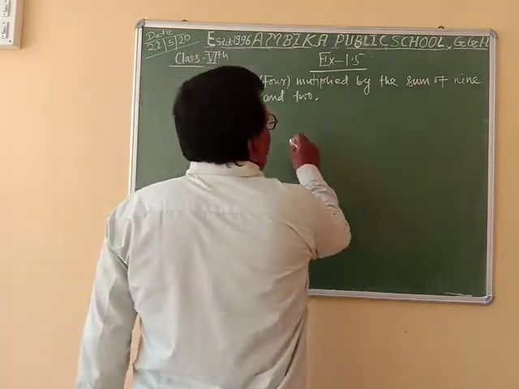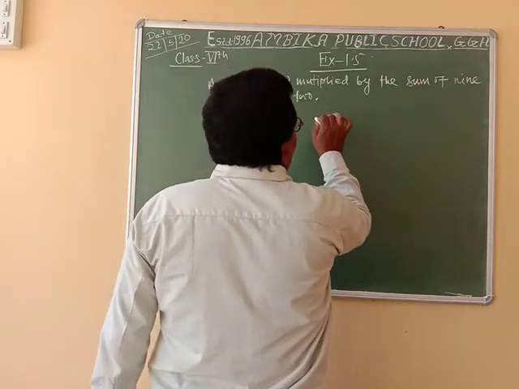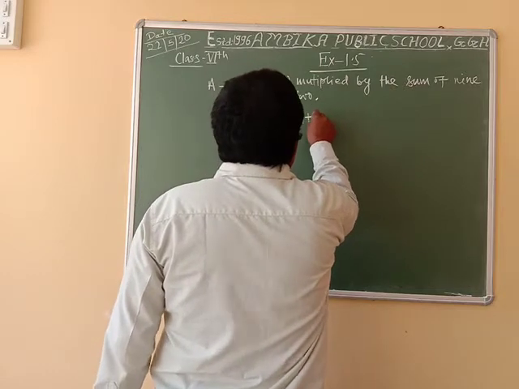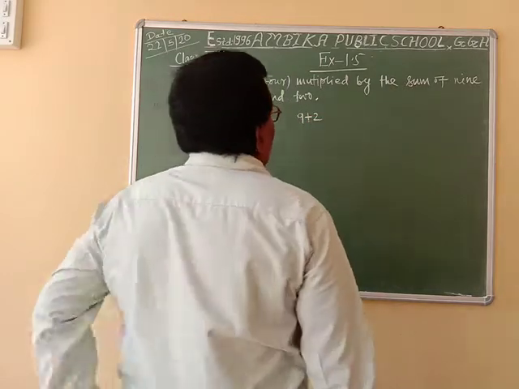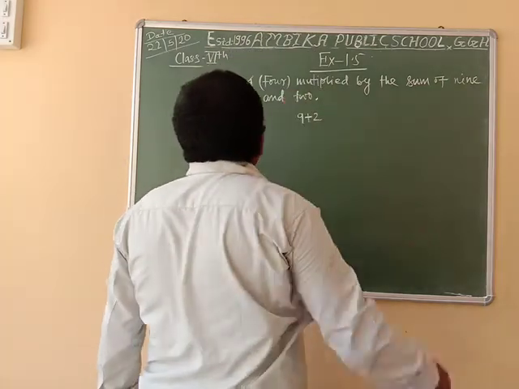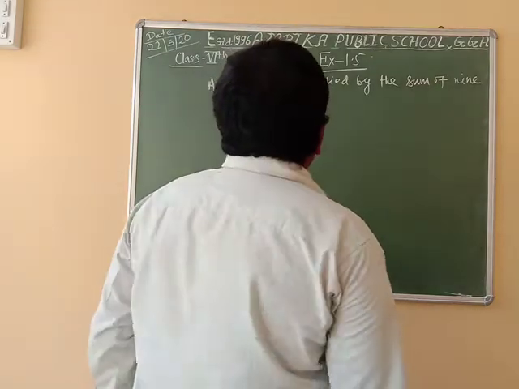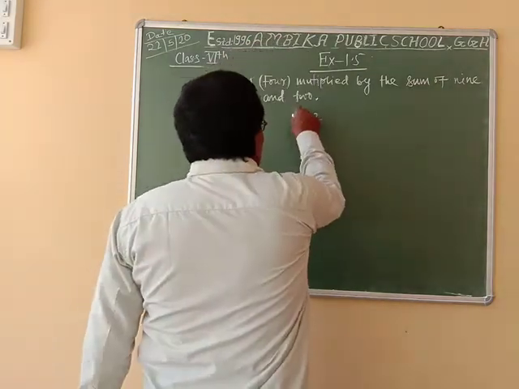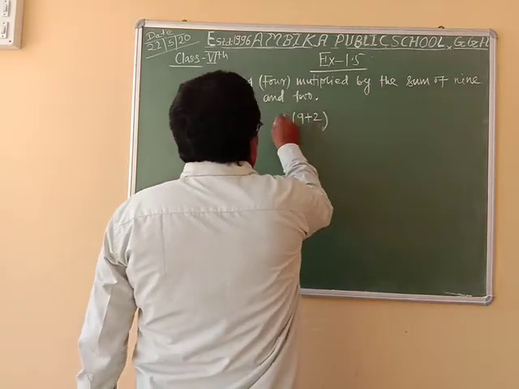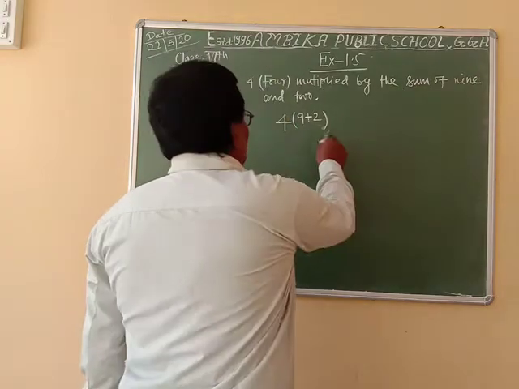We write sum of 9 and 2 as 9 plus 2, and 4 is multiplied. So we can write as 4 into 9 plus 2.